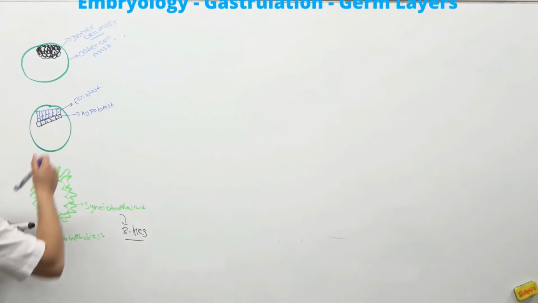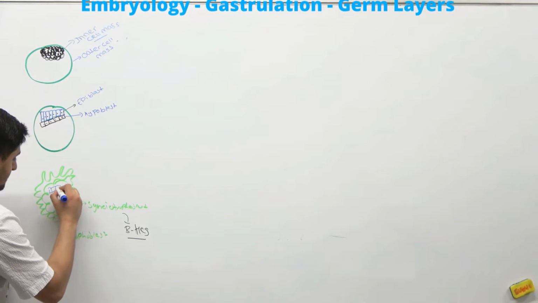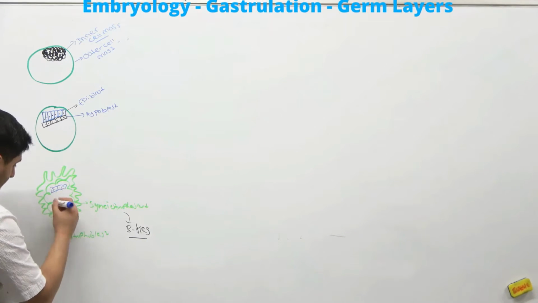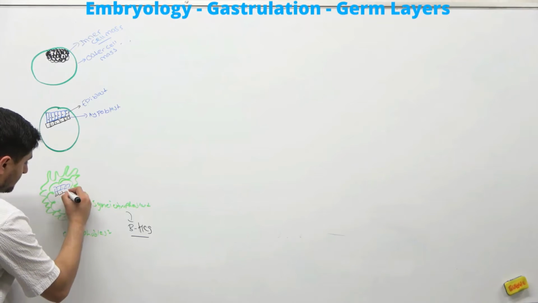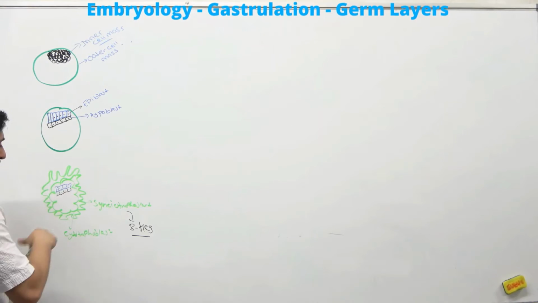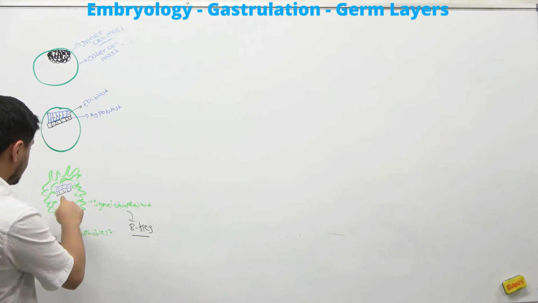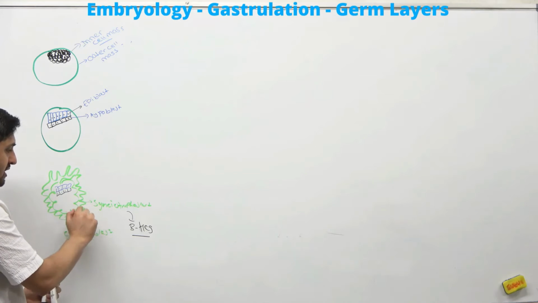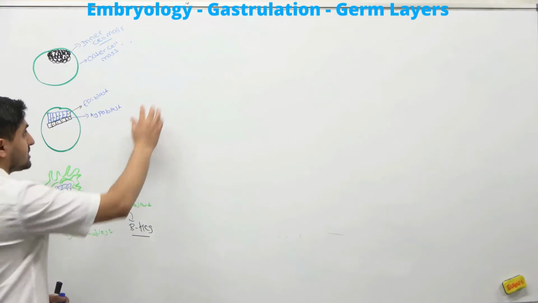Now, these inner cells, like your inner mass, there's the formation of two cells right here. What is this called? Epiblast. And the other one is basically cuboidal cells. Now what I'm going to do is only make these two cells. I'm not going to talk about the syncytiotrophoblast, but I'm going to draw these cells right here.